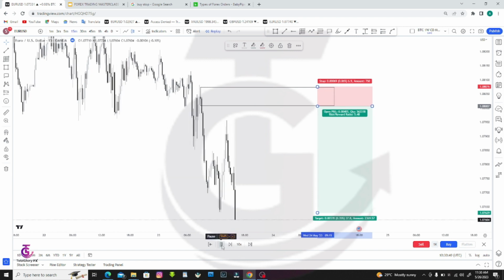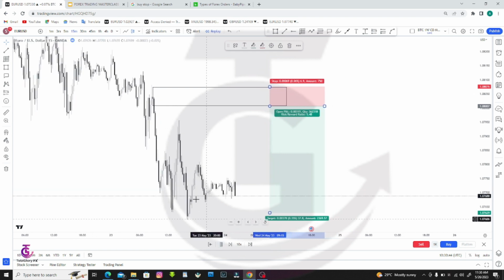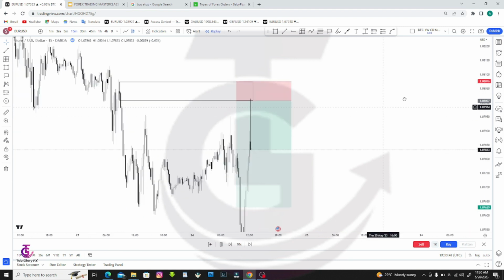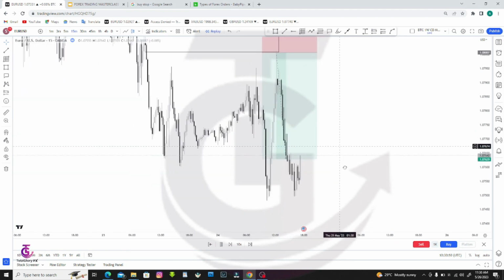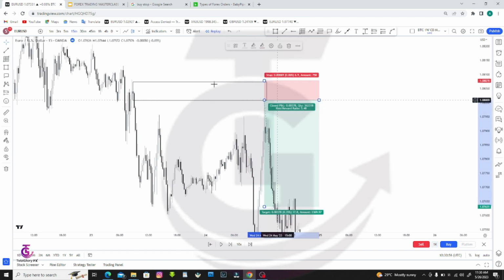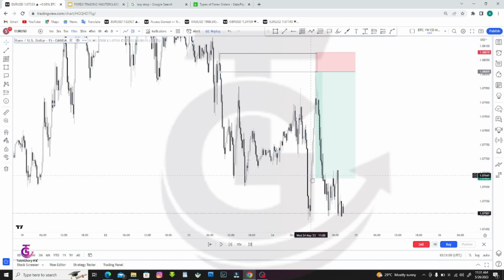Let's see. You don't need to start waiting for all these activities since you know you'll be selling from this area. Fine. You can see price came back, mitigated this area which I was expecting to sell from, and boom, out.